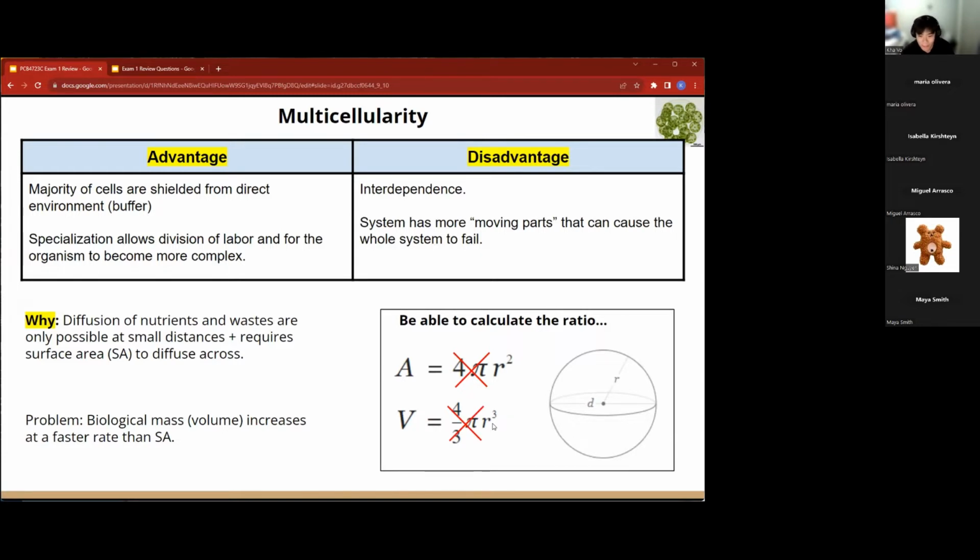That's 1/2. You could also get another question asking what happens to the ratio if you decrease the radius. For example, let's say we cut the radius of a cell in half. Plug in 1/2 for r. 1/2 squared is 1/4. 1/2 cubed is 1/8. The ratio would be 1/4 over 1/8.